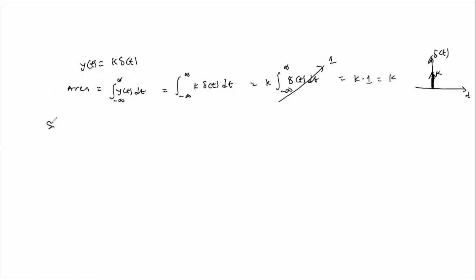Now, since the unit step response is the same as 1, then the area, which is the integral of delta dt, is the same as 1, the same as u of t.